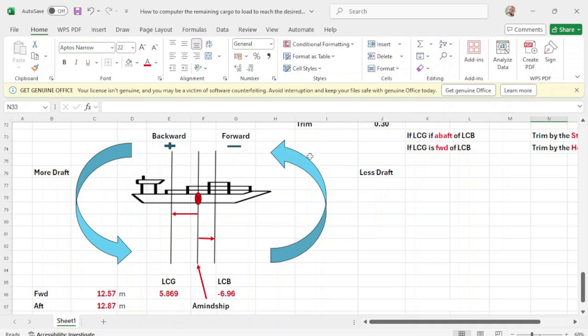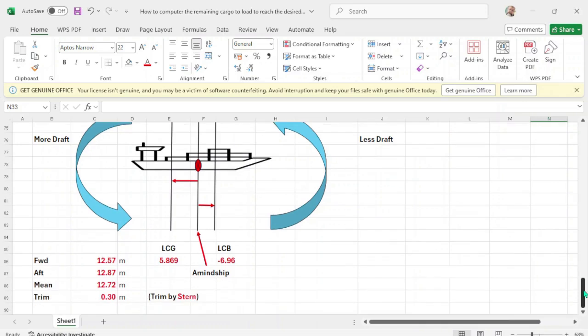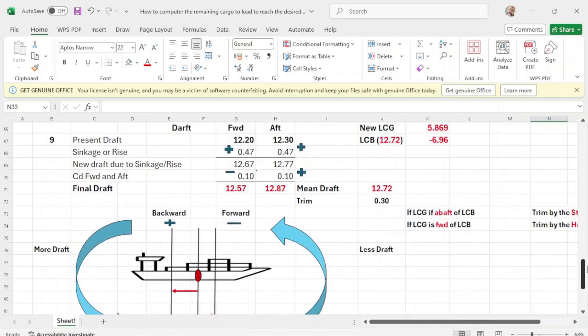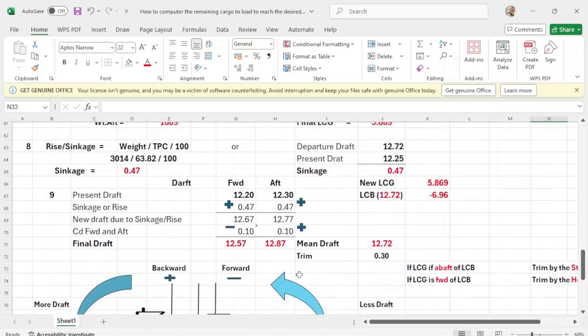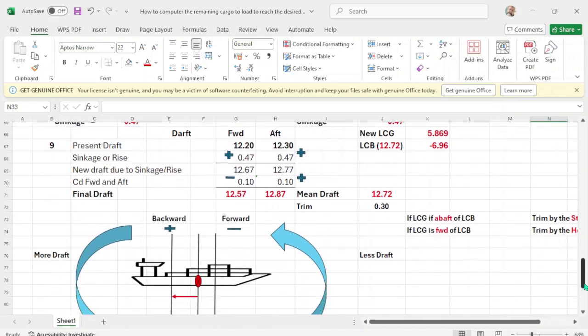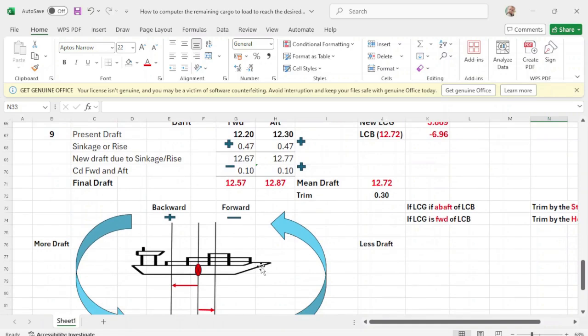Okay, that will be negative. It will have minus. That is the reason why in the forward part you subtract. Why subtract? Because the forward part will go up, that's why you have less drop.